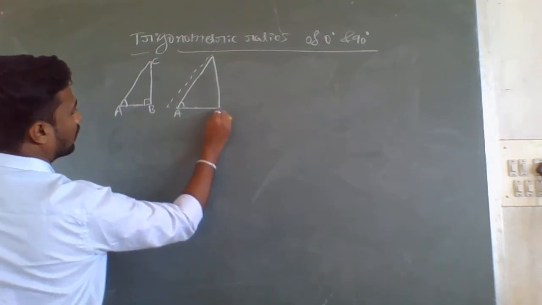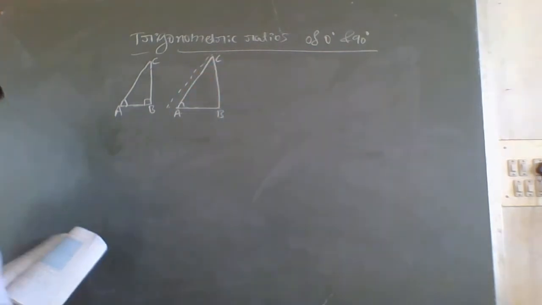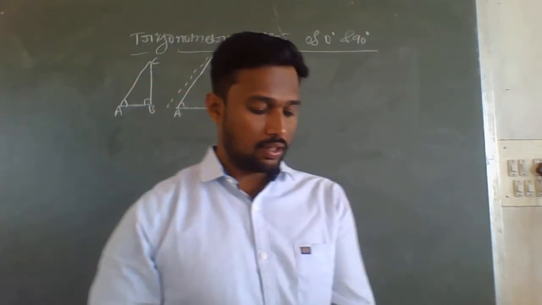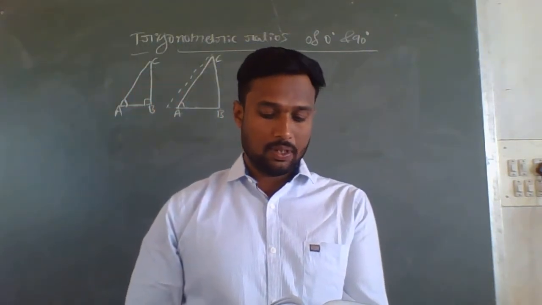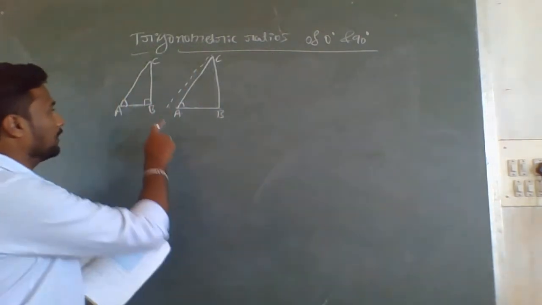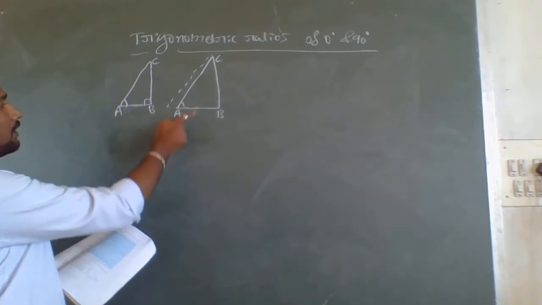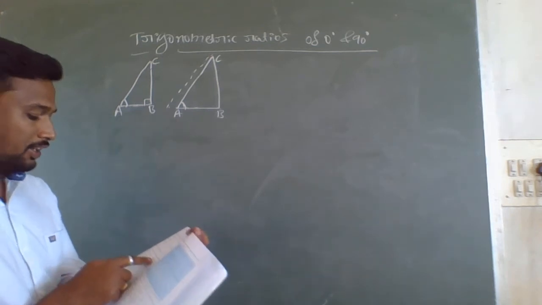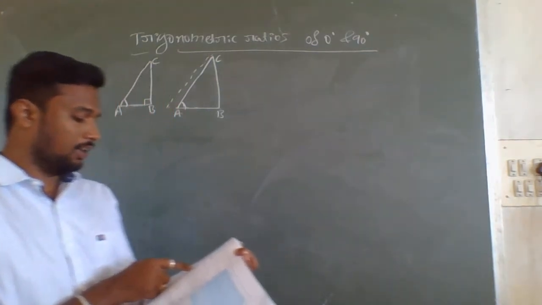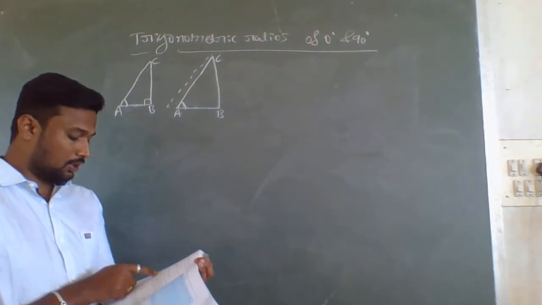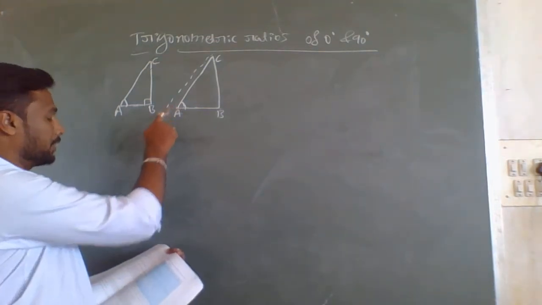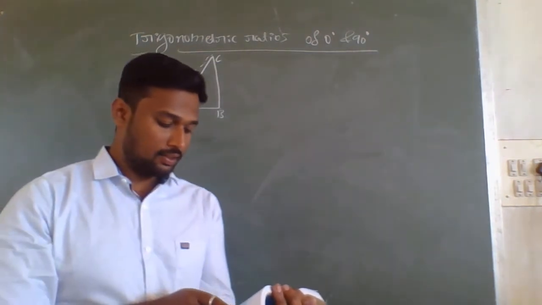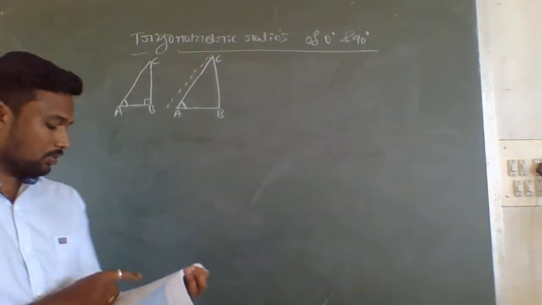This is triangle ABC. When angle A is made larger and larger in triangle ABC, till it becomes 90 degree, angle C gets smaller and smaller.